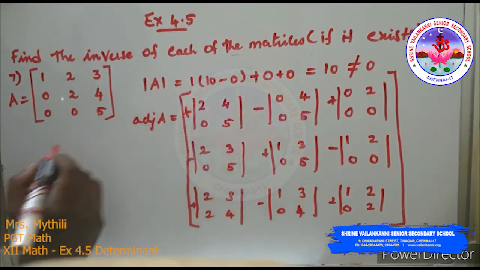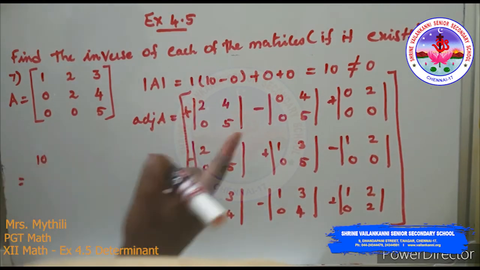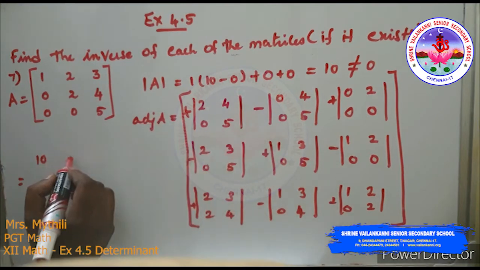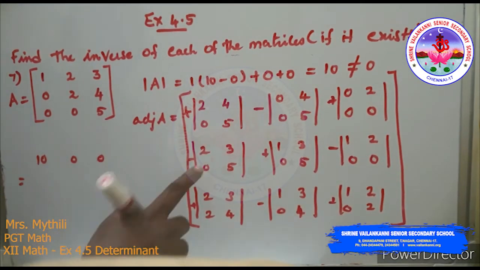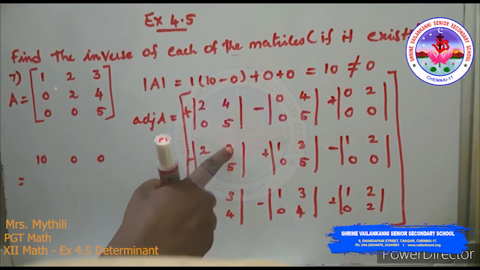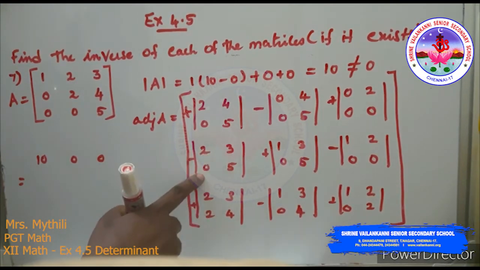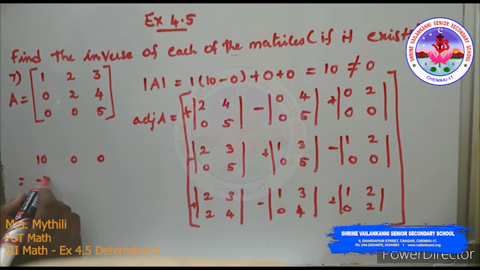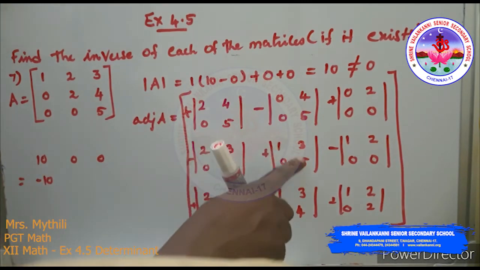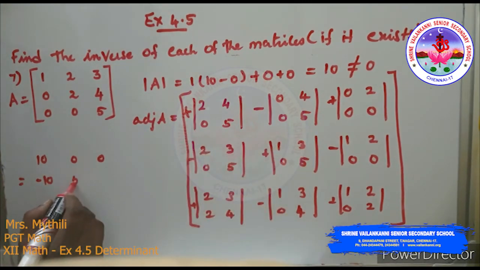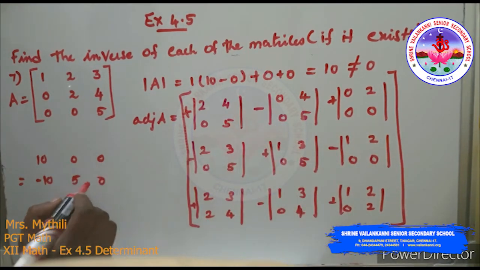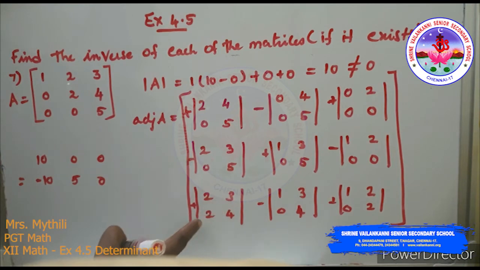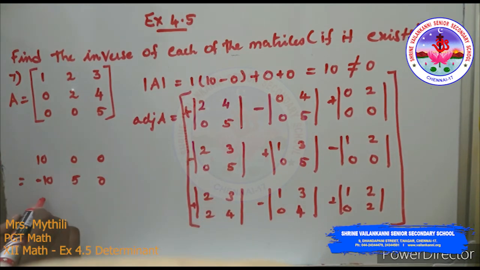Here it's plus, so it's 10. 0 minus 0, anyway it's 0. Then 0 minus 0, it's 0. 10 minus 0, so minus 10. 5 minus 0, 5. 0 minus 0, so 0. 8 minus 6, it's 2.